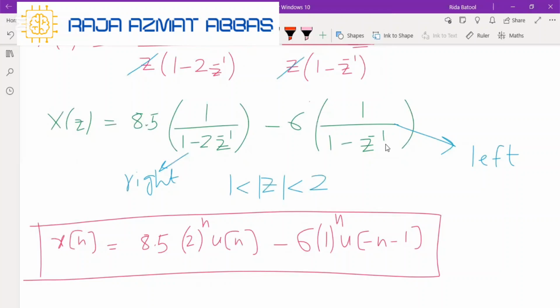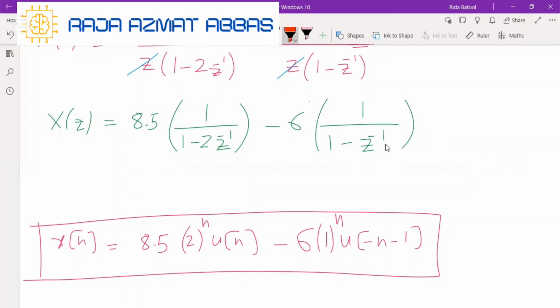Let me do it for you. If it is not given, you are required to find all possible signals.